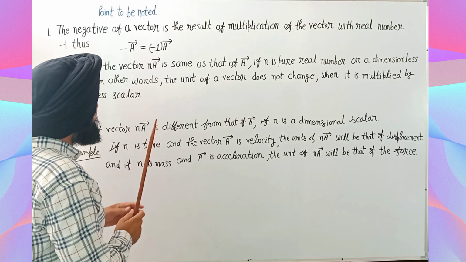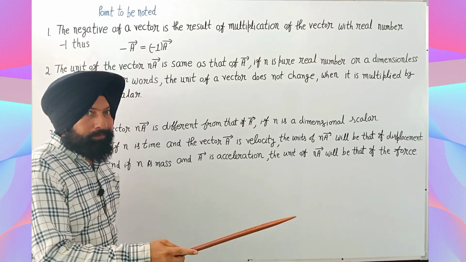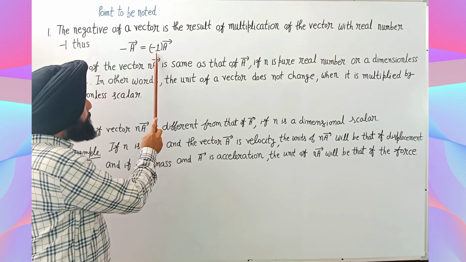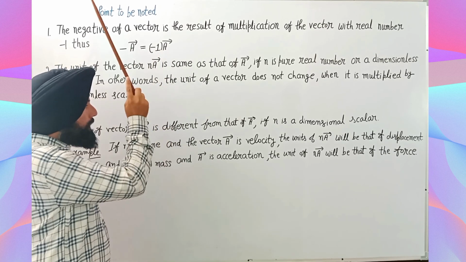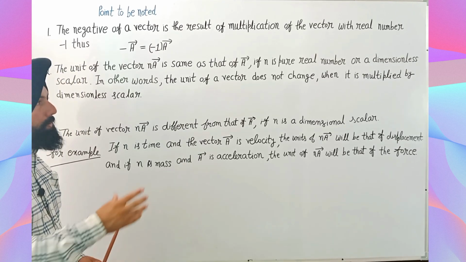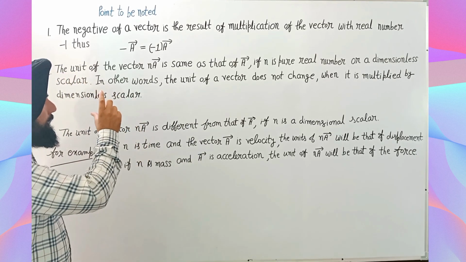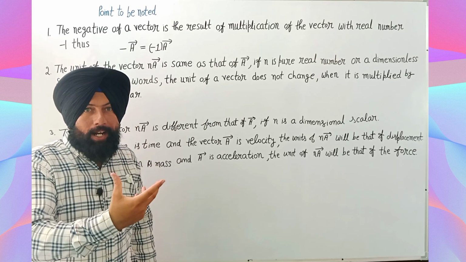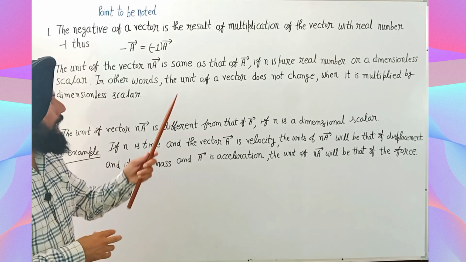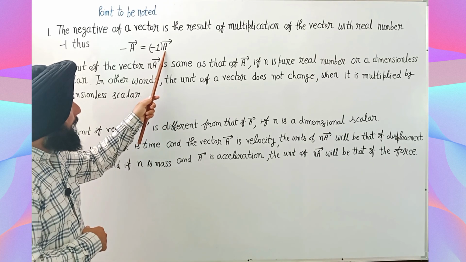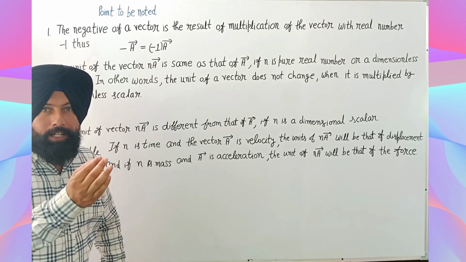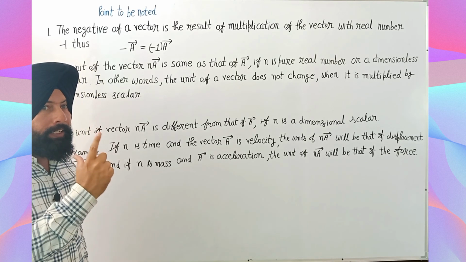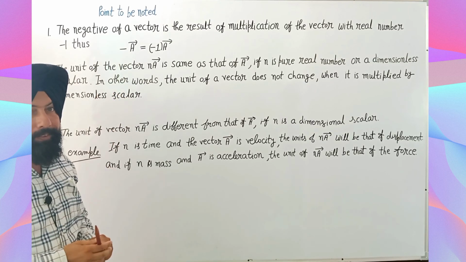What does it represent? It is the result of multiplication of the real number minus 1 with the vector. How do we get the negative vector? If we multiply vector A with the real number minus 1, we get the negative of the vector.